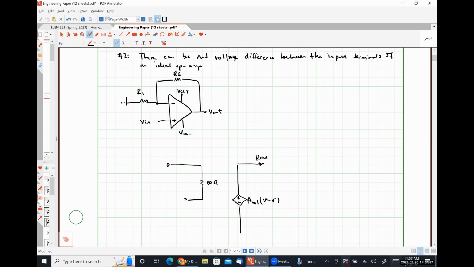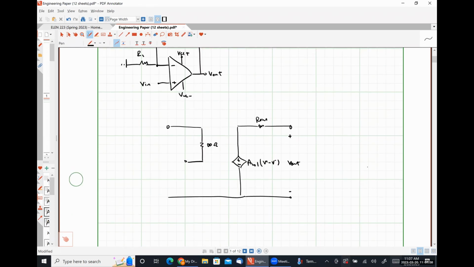Here's R out, plus minus V out like so. Here's V plus, here's V minus. Here's R1. Here's RF. Here's VN.